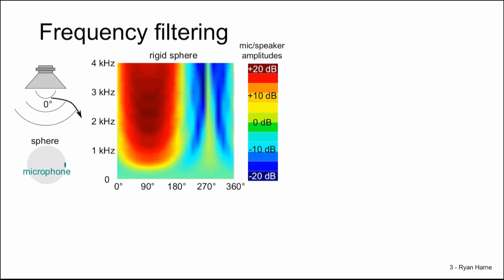But when the speaker moves to 270 degrees in the azimuthal plane, on the opposite side of the microphone, there's a very low level of sound radiated to that side of the head. We see the frequency dependence of this as well. Also note that there's very little influence at low frequencies on this diffraction phenomenon.